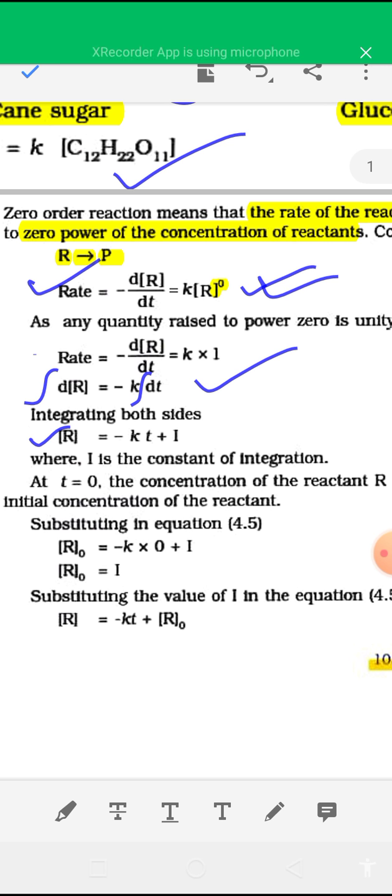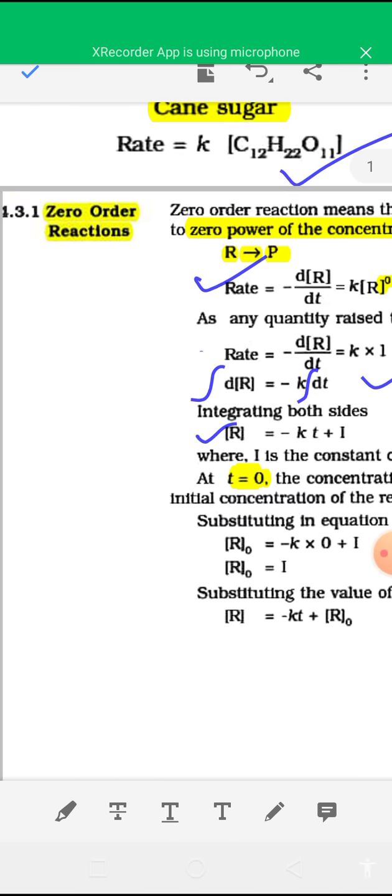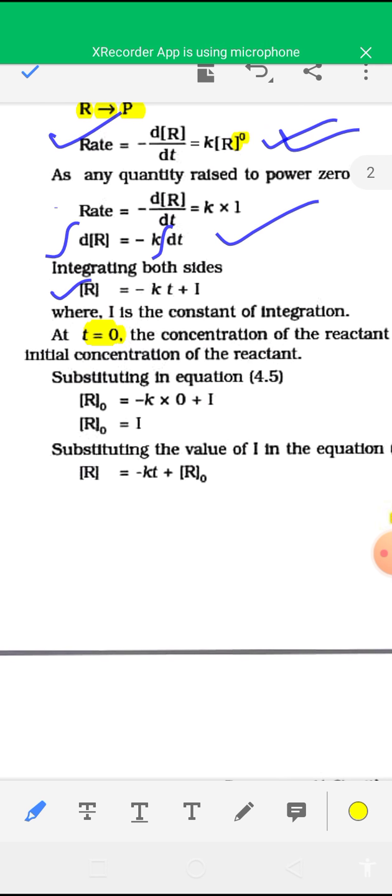Now at time t equal to 0, it indicates the initial concentration of reactant. When time is 0, the concentration of reactant becomes the initial concentration, that is [R] equals [R]0, or R naught. So put t equal to 0 and [R] equal to [R]0, and the value of integration constant I is equal to [R]0.